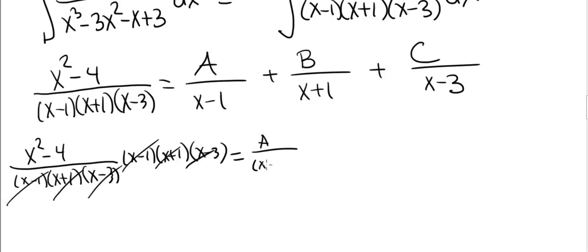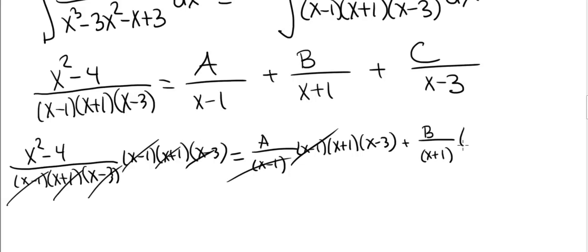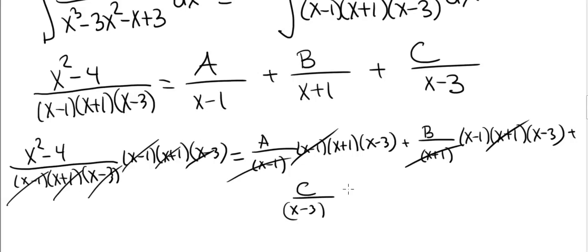A over (x − 1), times (x − 1)(x + 1)(x − 3), will cancel the x − 1s. Plus b over (x + 1), times (x − 1)(x + 1)(x − 3), is going to cancel the x + 1s. Plus c over (x − 3), times (x − 1)(x + 1)(x − 3), is going to cancel x − 3.